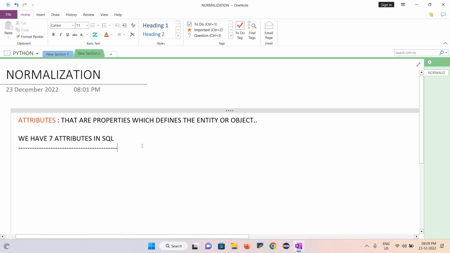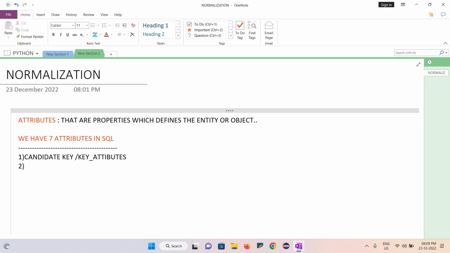First, I would say this one is candidate key, or key attribute. This is my first one.